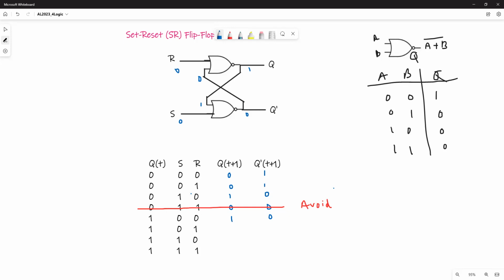Next one. Q is 1. Then S is 0. R is 1. So we have to change this one. Right, this is 1. R is 1. So when you have 1, 0, we know this is 0.